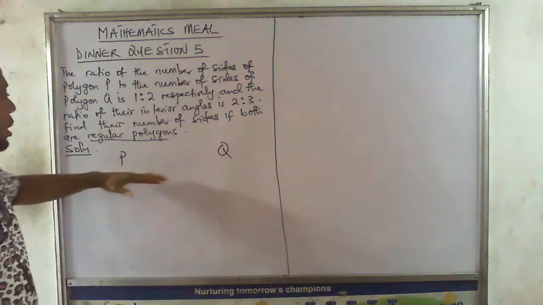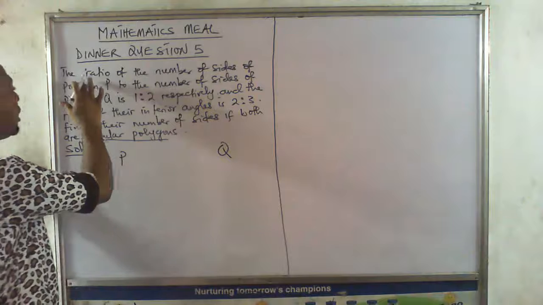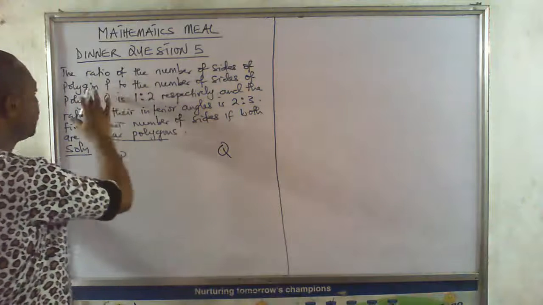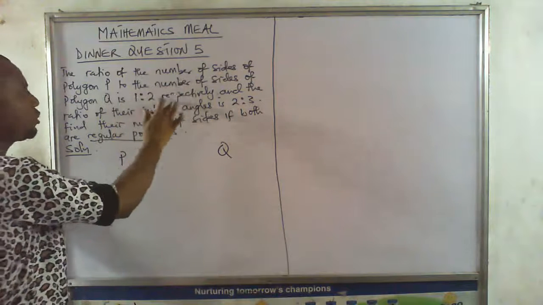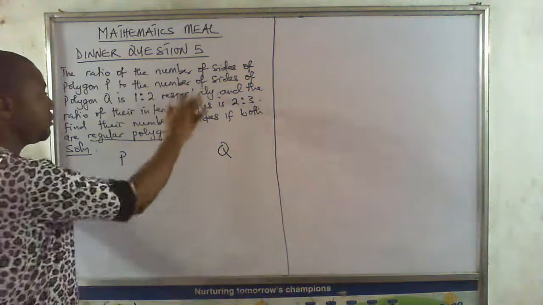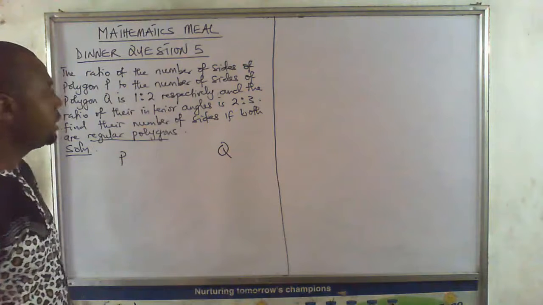So for P and Q now, let's go again: the ratio of the number of sides of polygon P to the number of sides of polygon Q is 1:2. Respectively, that's what they mean. But you also need to respect yourself from time to time. It's necessary.